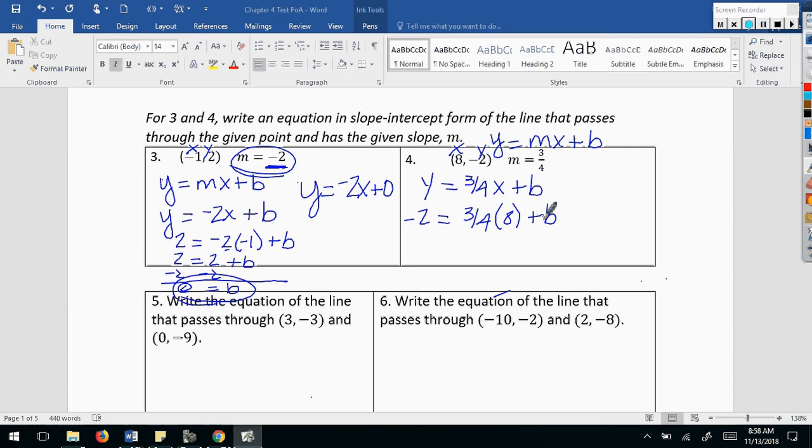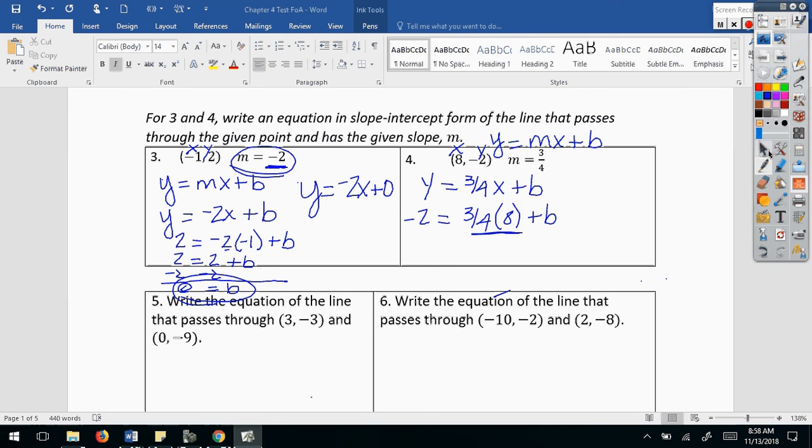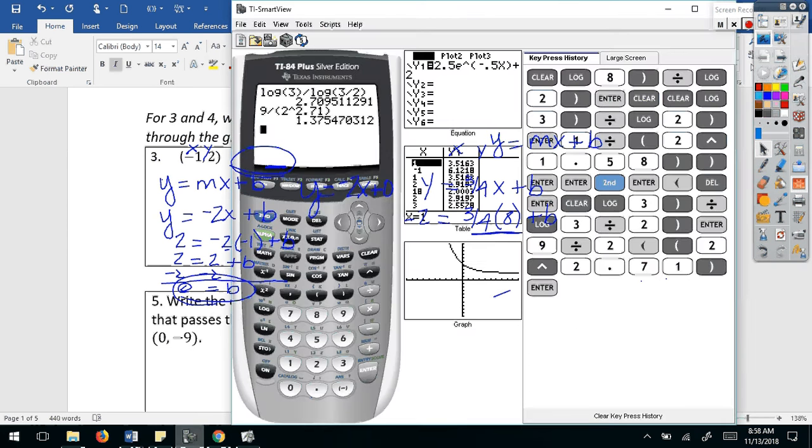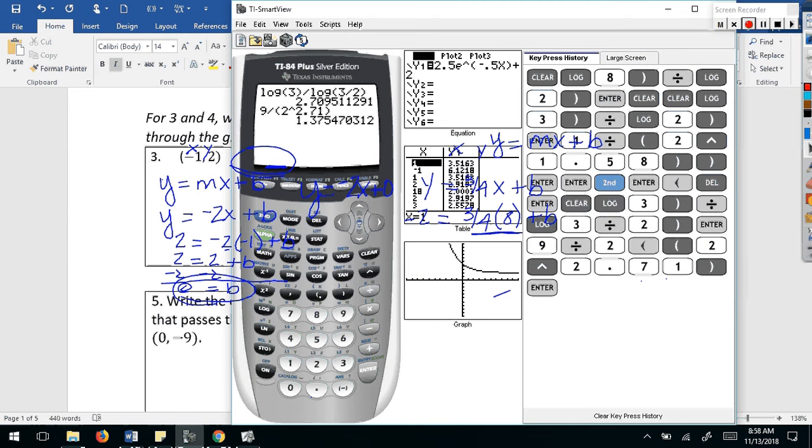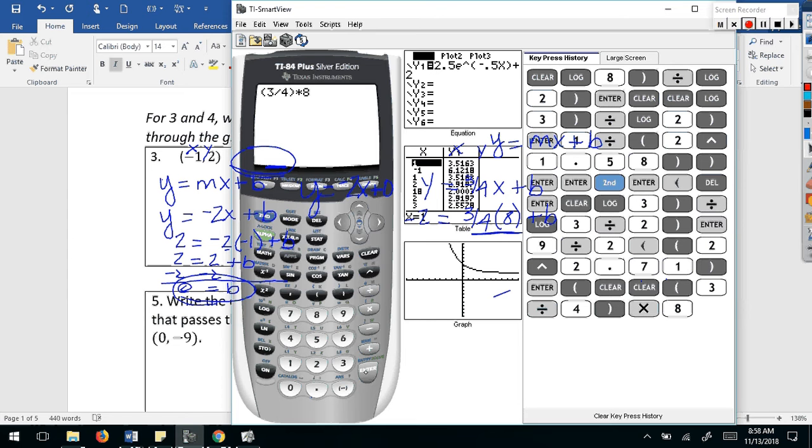Okay? If I want to do 3/4 times 8, I'm going to take out my calculator and do, let's see, 3/4 times 8 would give me 6.